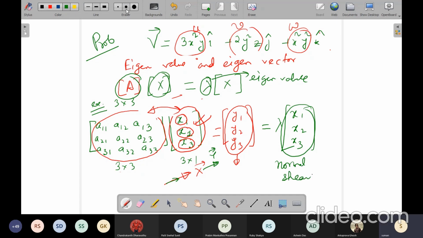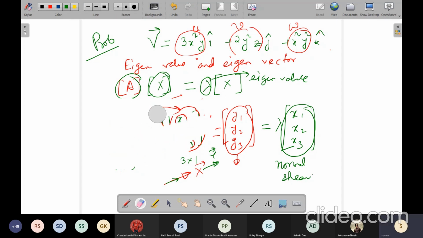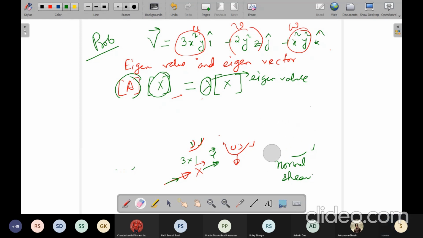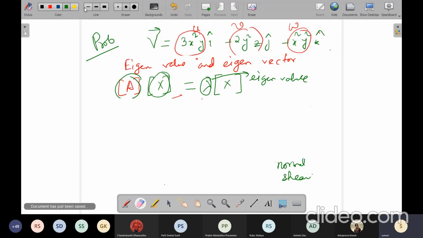To understand that, we will now give a physical sense to this matrix A. So far we have generalized it. So we will consider this as the rate of deformation. So let us say that this A is nothing but the rate of deformation. E11, Eij, I have given the definition.